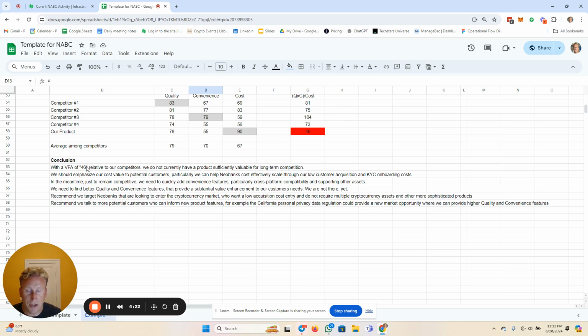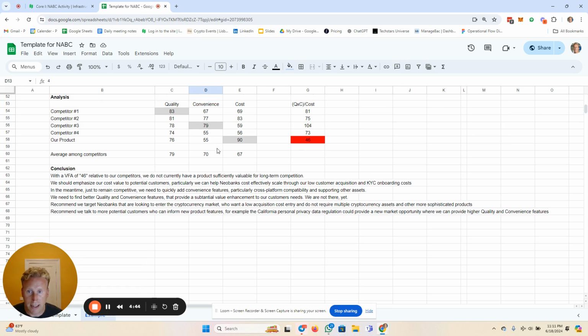That tells you whether you are equal to, or above, where you think you should be compared to your competitors. And from that, we can think about the conclusions. What does this spreadsheet tell me about my business compared to my competitors? How should I position myself? What type of products should I lean into? How should I market myself?